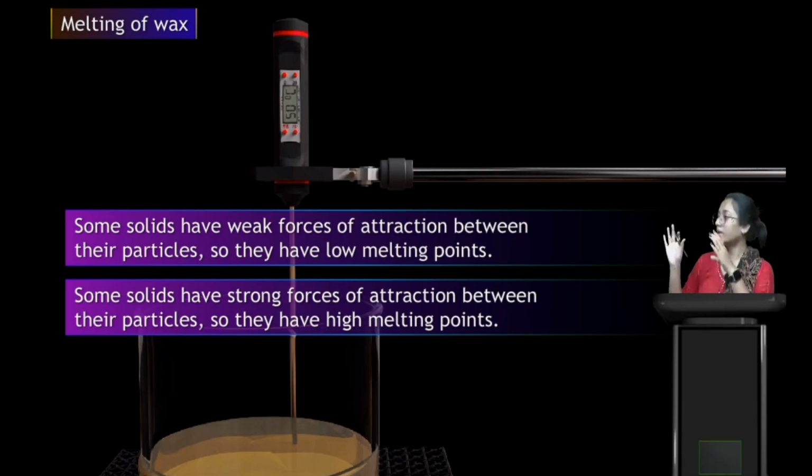That is why the temperature was higher. First it was 0 degrees, then it became 50 degrees, much greater than 0 degrees. So that means they have a higher melting point, so higher attraction force. I hope all of you got it.